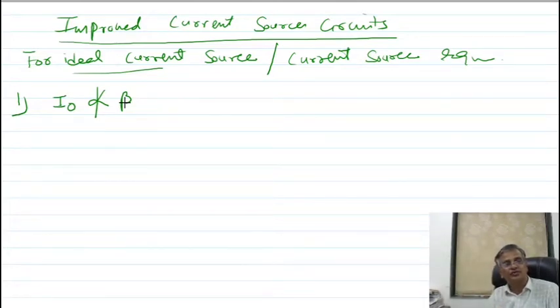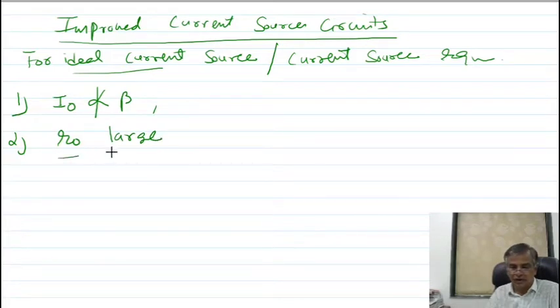I0 should not depend upon the beta of the transistor. Second, the output resistance of the current source should be very large.